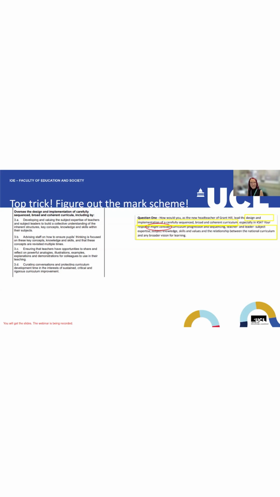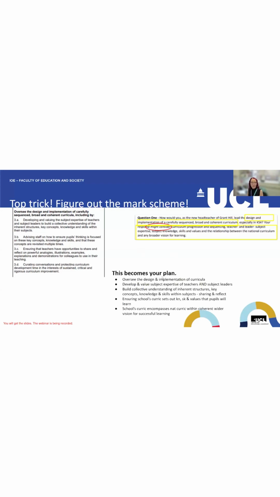So by using this and these, I can start to now figure out what I'm being assessed on. So that becomes my plan. So I know that I've got to have something about overseeing and the design and implementation of a curricula. I need to develop and value subject expertise of teachers and subject leaders. I know from reading a bit more in here that I need to build a collective understanding of inherent structures, concepts, knowledge and skills within subjects and share and reflect on that.